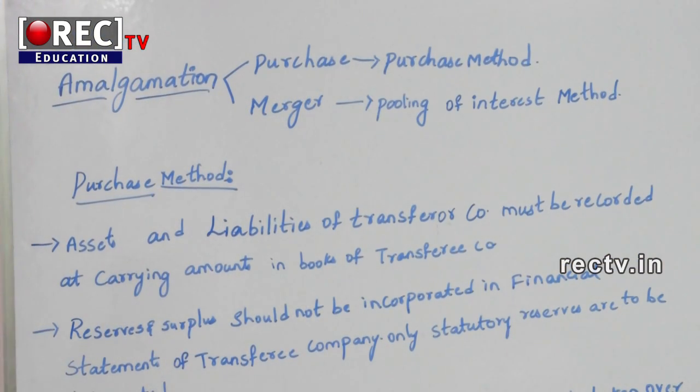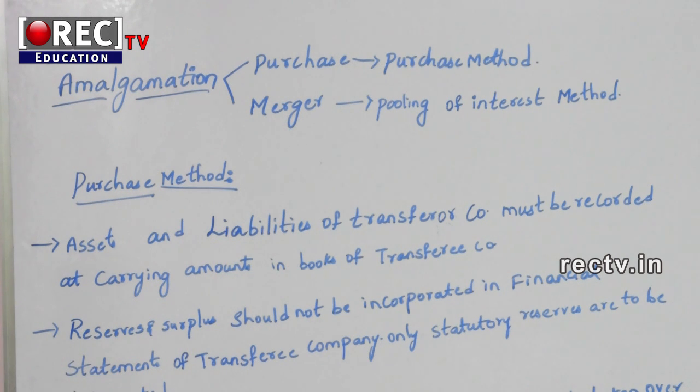Already we have seen, as per Accounting Standard 14, amalgamation is of two types: one is amalgamation in the nature of purchase and the other is amalgamation in the nature of merger, and we have also seen how to calculate the purchase consideration. Now let us see, for accounting purposes, under purchase and under merger, what are the methods to be used to make entries in the books of accounts in both the purchasing company and the selling company.